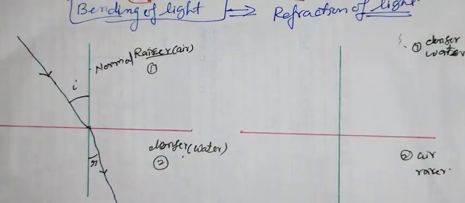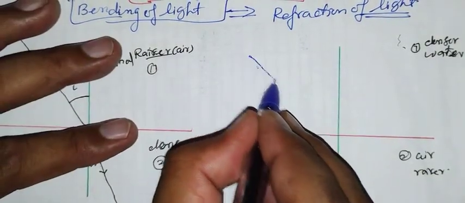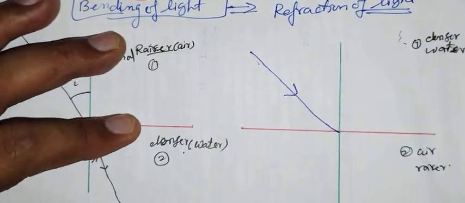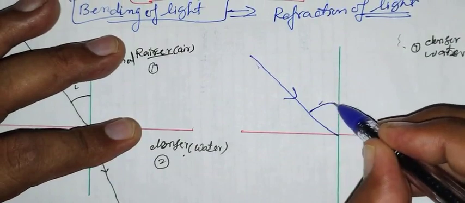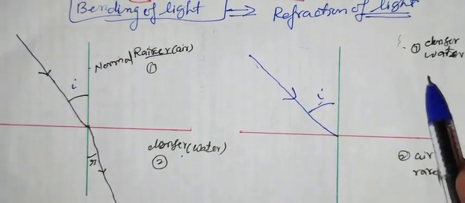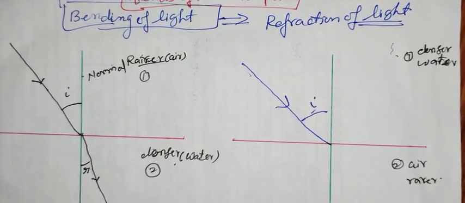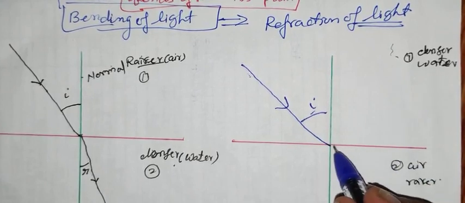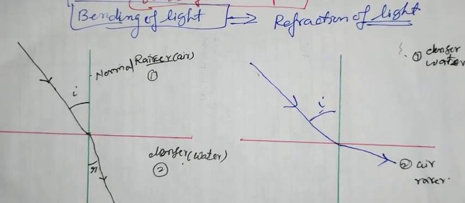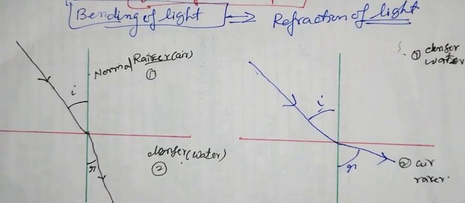And a ray of light, let angle I, is incident on the interface of denser medium and rarer medium. Then experimental observation shows that it moves away from the normal. Here angle R is the angle of refraction.